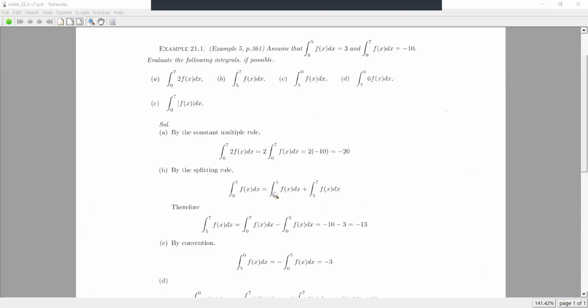I move 0 to 5, this integral, to the left side. Then 5 to 7, this integral, is equal to 0 to 7 minus 0 to 5. 0 to 7 is -10. 0 to 5 is 3. So the answer is -13.